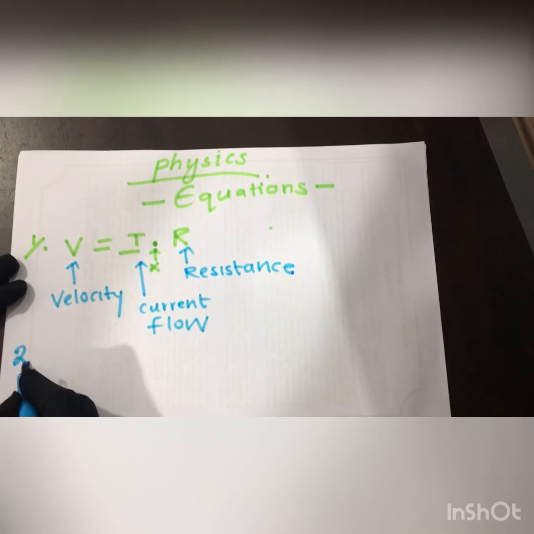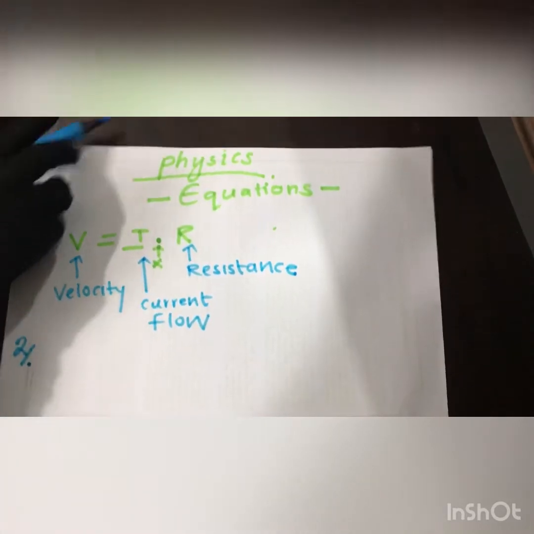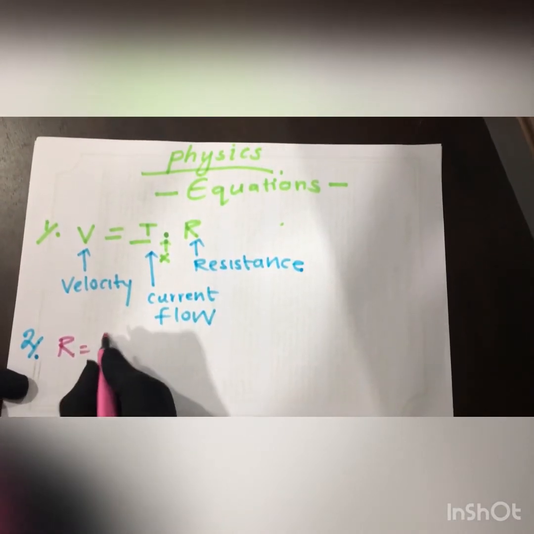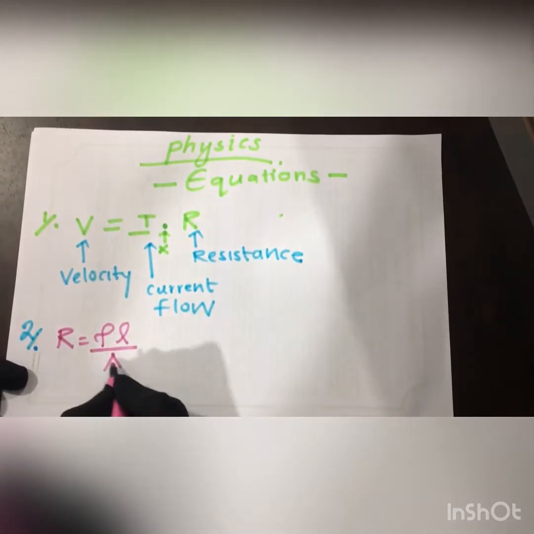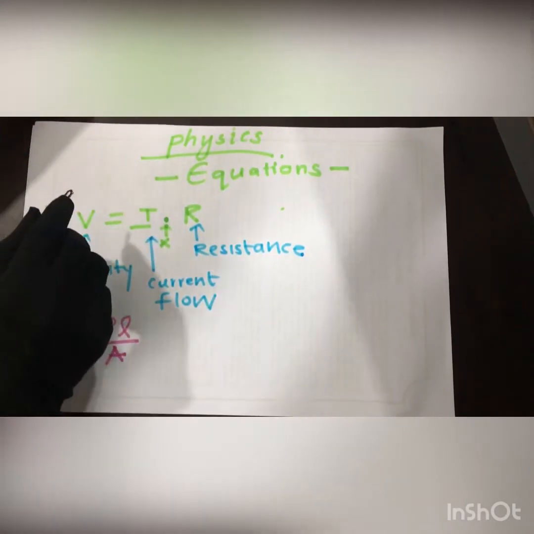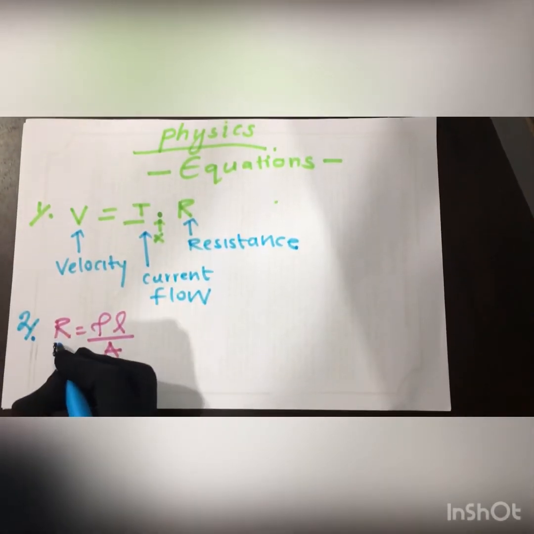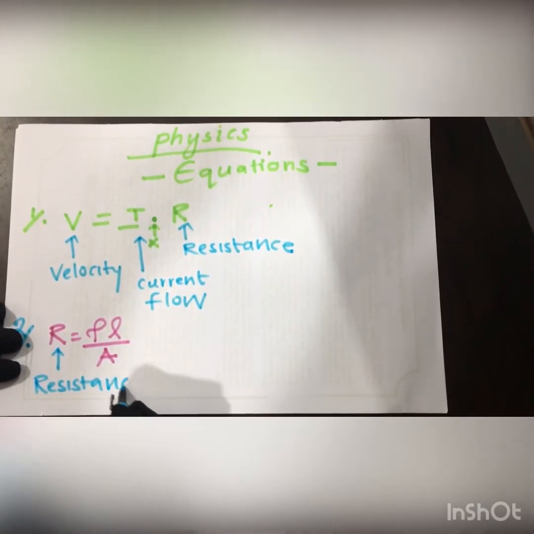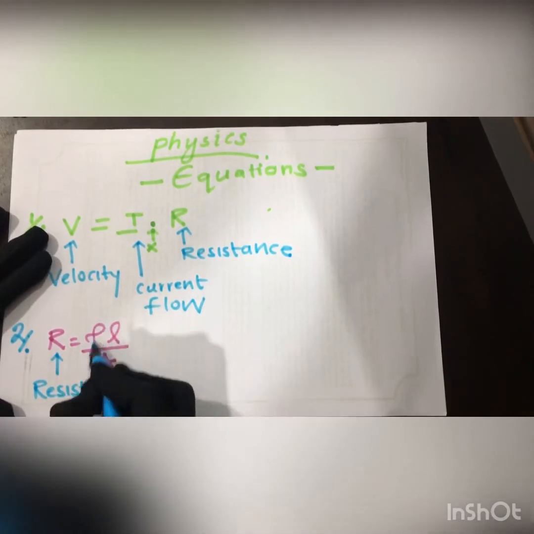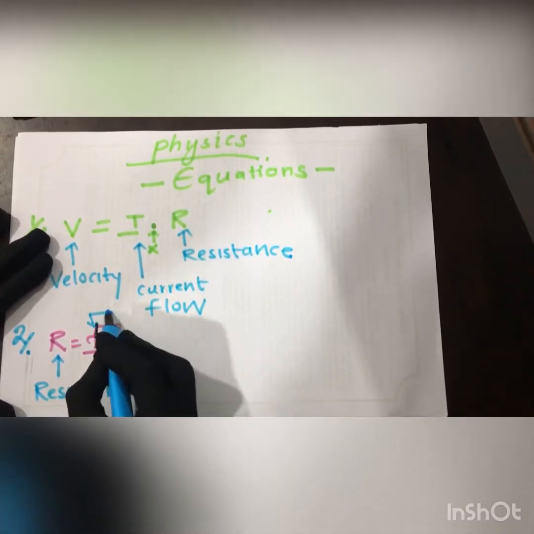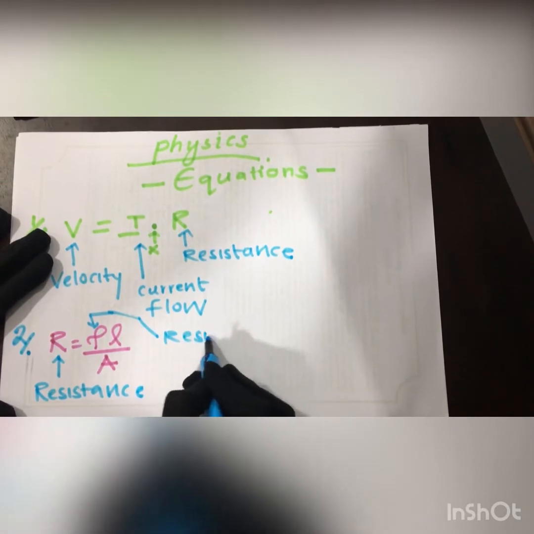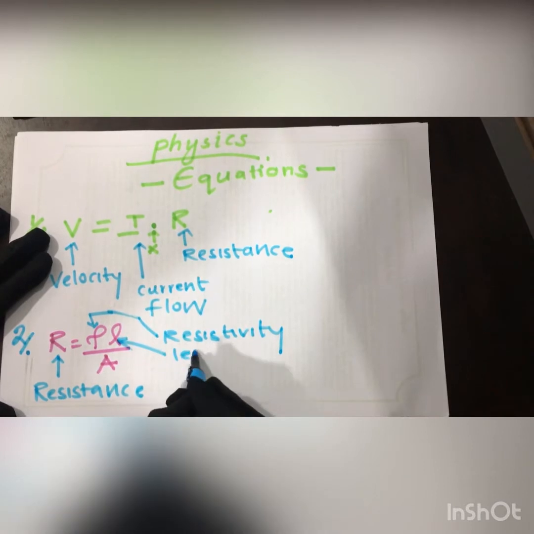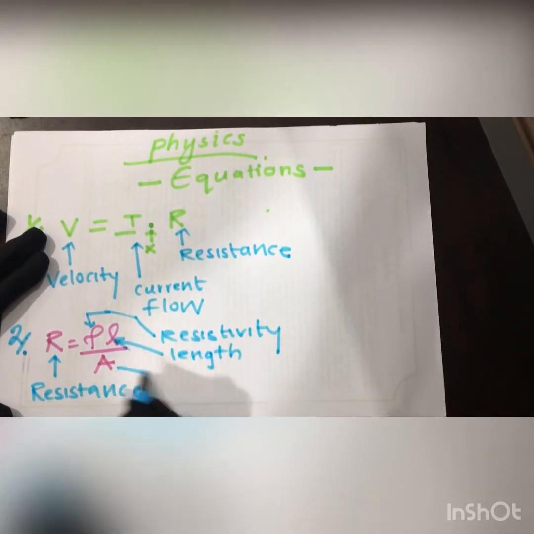Number 2, the second equation is R equals rho L over A. That is, R is the resistance, rho is the resistivity, L is the length, A is the area.